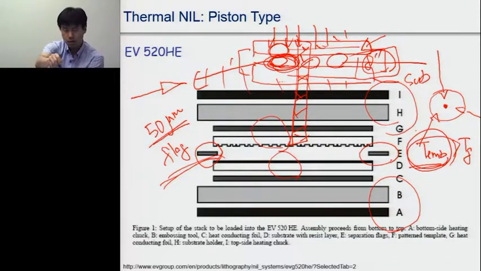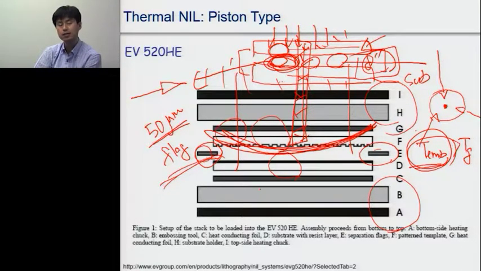Since this bar is pushing in the middle, it is bent a little bit like this, and at some point the flags come out, and at that time the piston presses the master mold. This way we can minimize the air trapping. That is the way people minimize the possibility of air trapping.